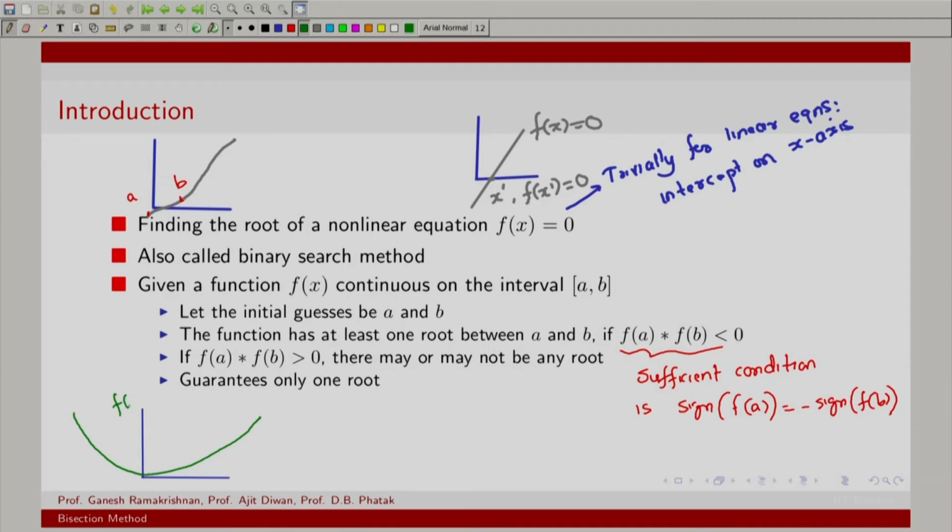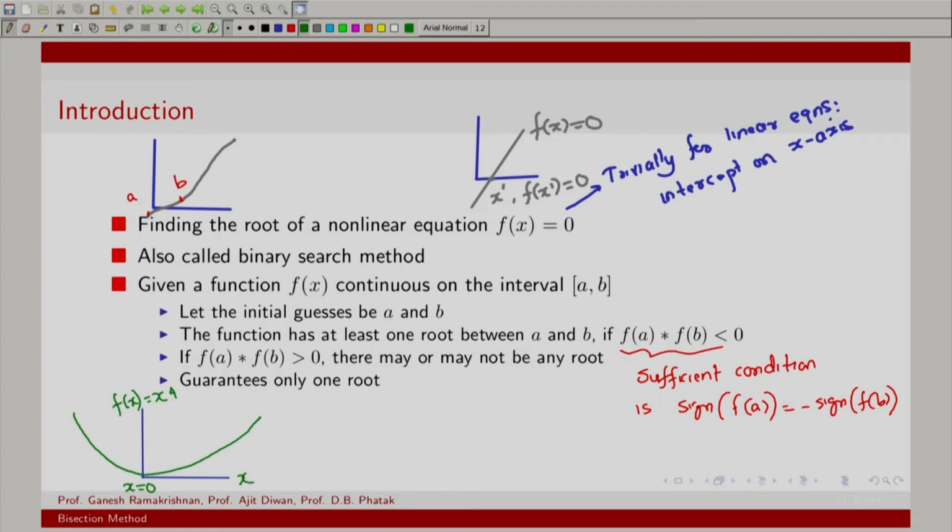This could be f(x) equal to x raised to 4. So, this indeed has a root at x equal to 0. However, f(a) into f(b) is always going to be positive no matter what your choice of a and b is. So, therefore, this is not a necessary condition, it is only a sufficient condition, and unfortunately the binary search method operates under this condition.